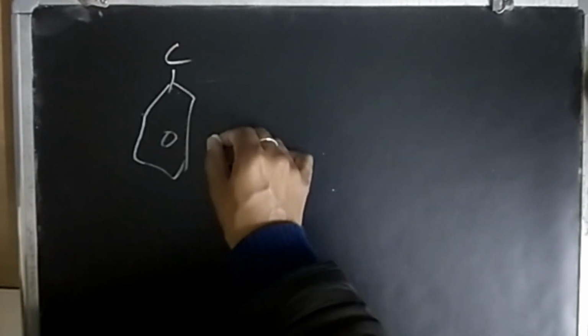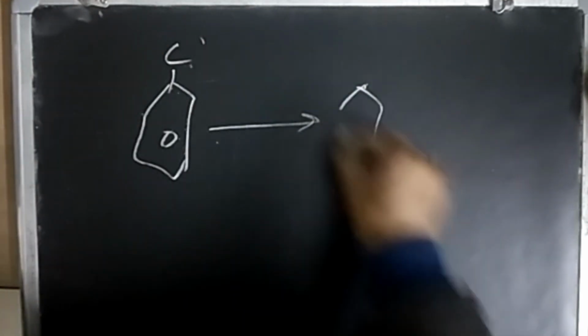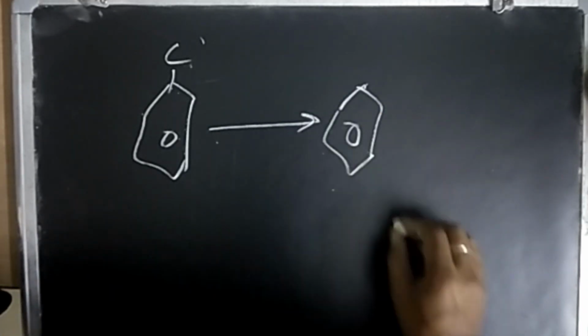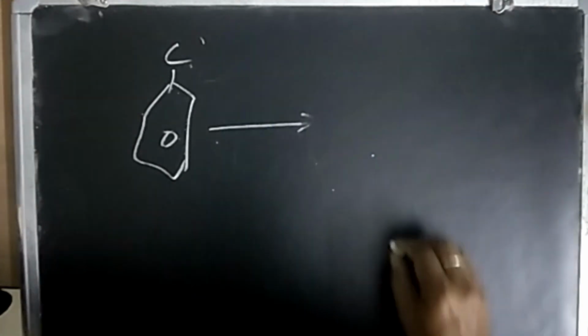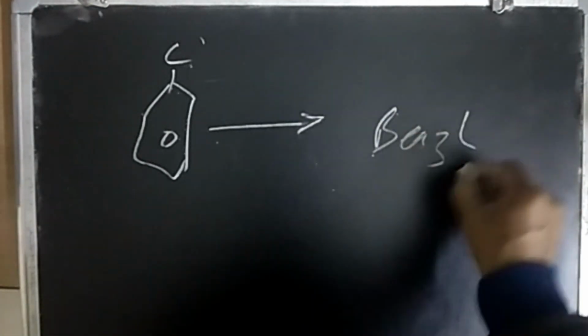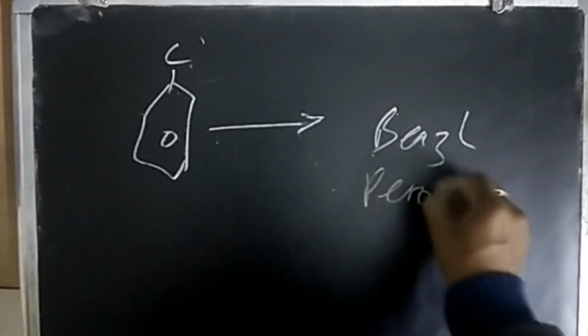Let's make phenol from toluene. We have toluene, and toluene to phenol is a redox process, because first you need to oxidize this. How will you oxidize this? From toluene, oxidize, and you will get benzyl peroxide.